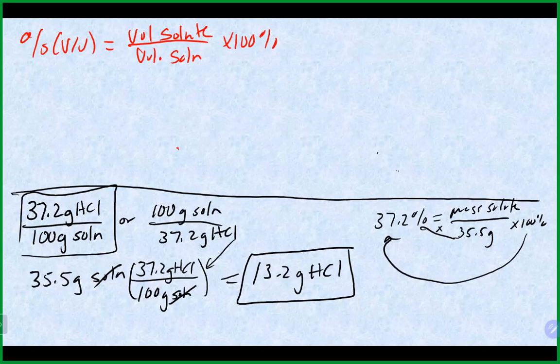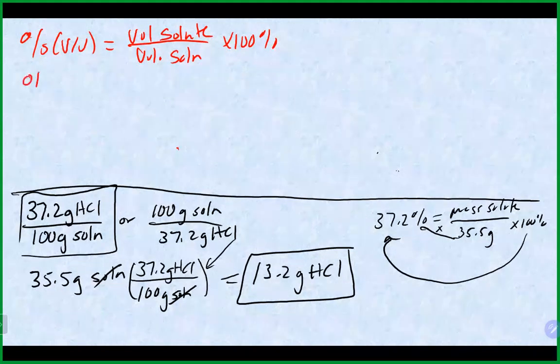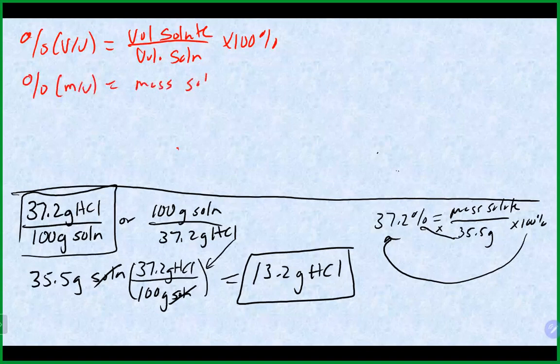That's usually milliliters over milliliters. And again, those units will typically cancel out and you'll be left with a percentage. The other common one is percent mass to volume, which is the mass of the solute divided by the volume of solution times 100%. That's basically grams over milliliters. It's basically density.